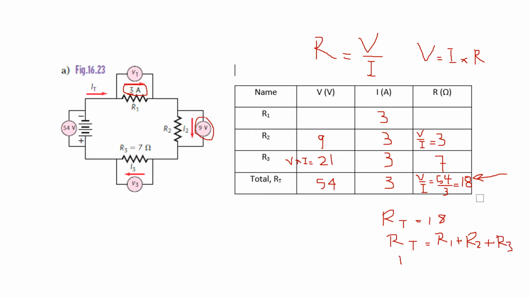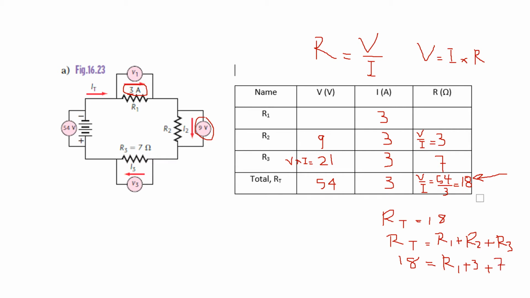So if this is 18, and my R1, I don't know, I have to find. My R2 is 3, my R3 is 7.